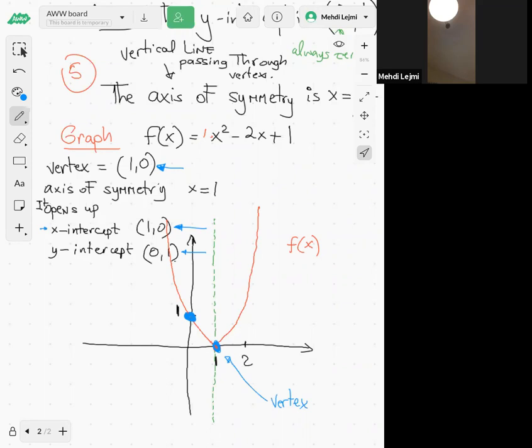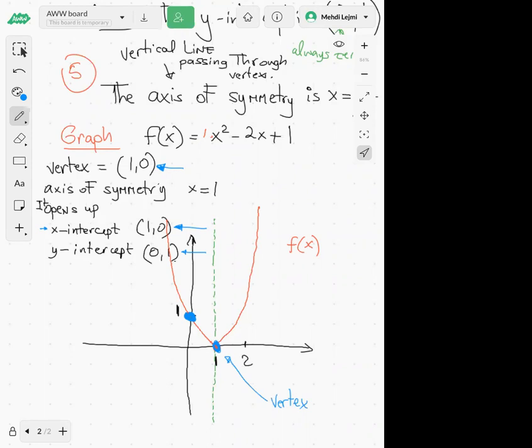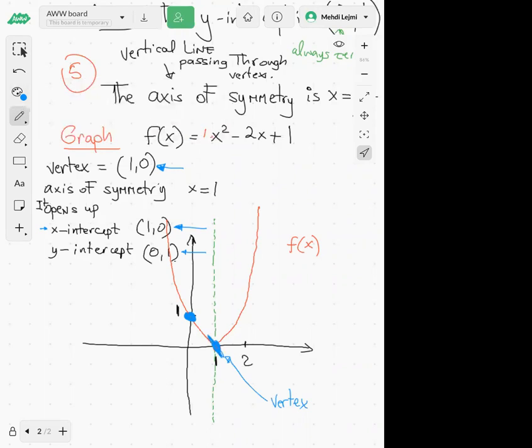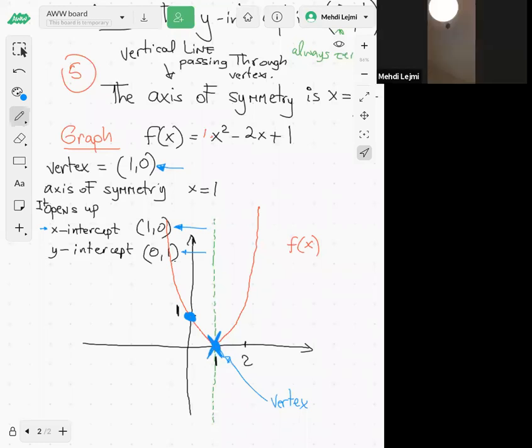So all you have to do is start from the vertex and draw a capital U starting from your vertex, and that's it. If you start from the vertex and then go to that point, it's always going to be either to that side or to the other one.